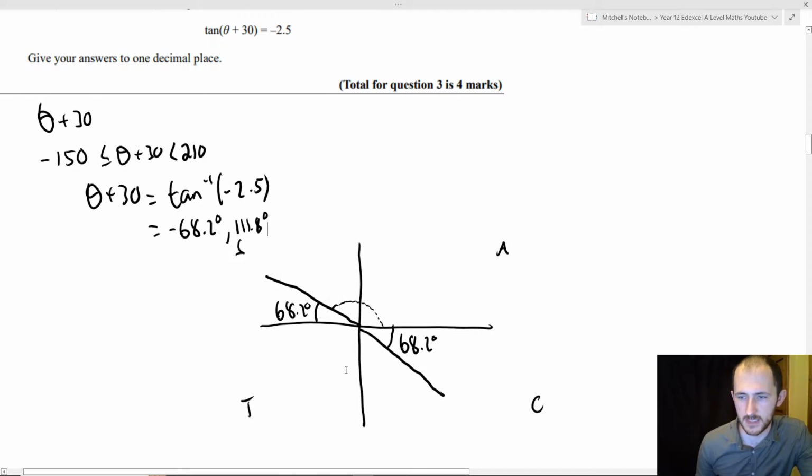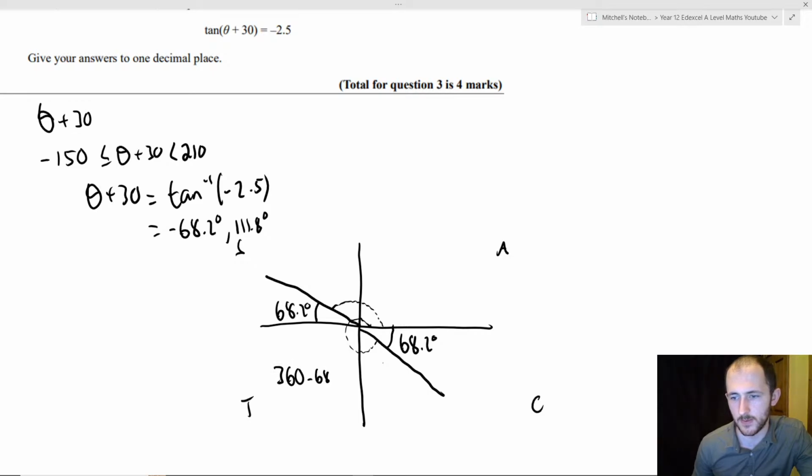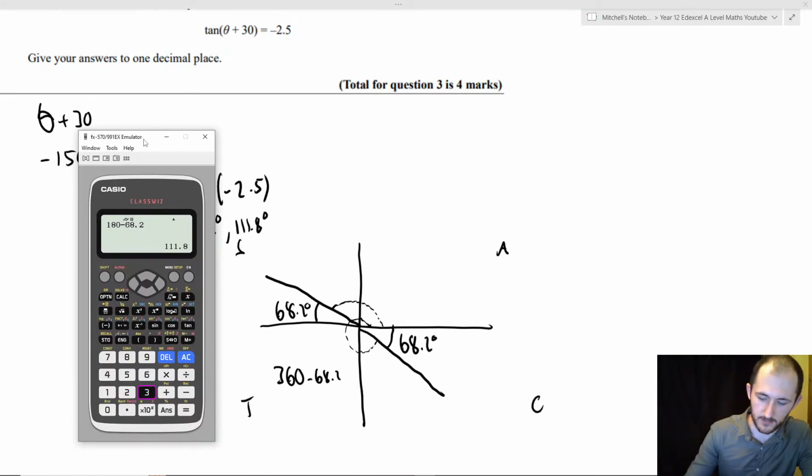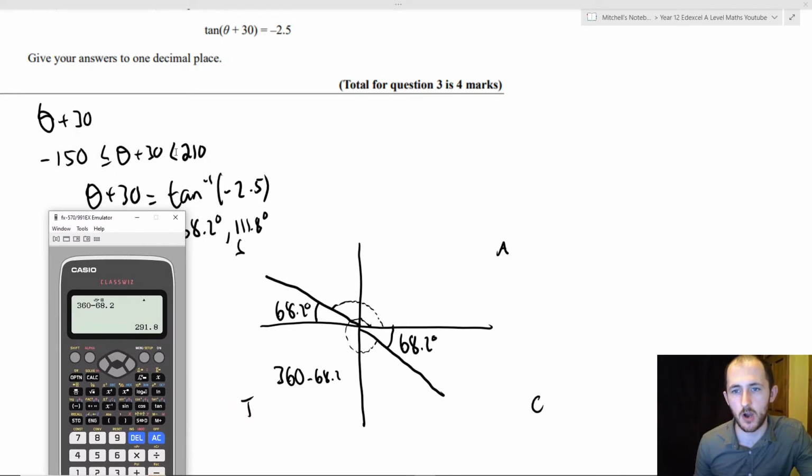Now I ask myself, if I go around again, either way, will I get an answer? Well, if I go around this way, so I read all the way around until this line, I would have 360 minus 68.2, which again is a valid answer, right? But it's outside our range.